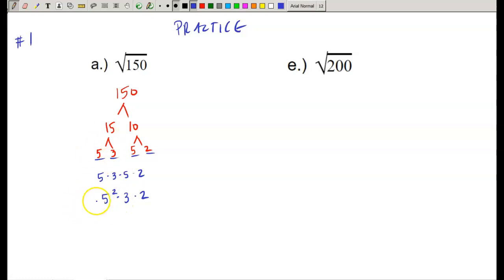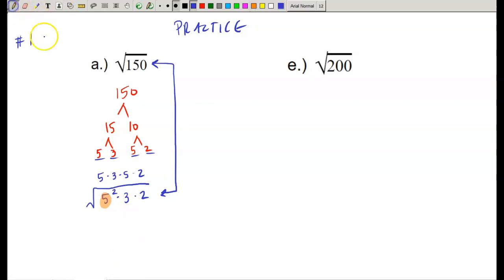So if I go back to the problem, the square root of 150 is equal to the square root of 5 squared times 3 times 2. We just factored it. Because this is a square root, anything that is squared, like that 5, is going to be pulled out of the square root.